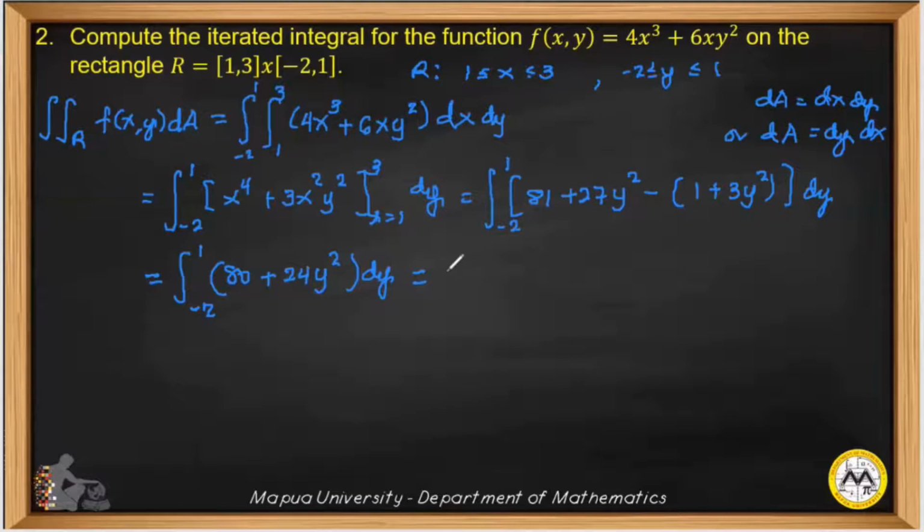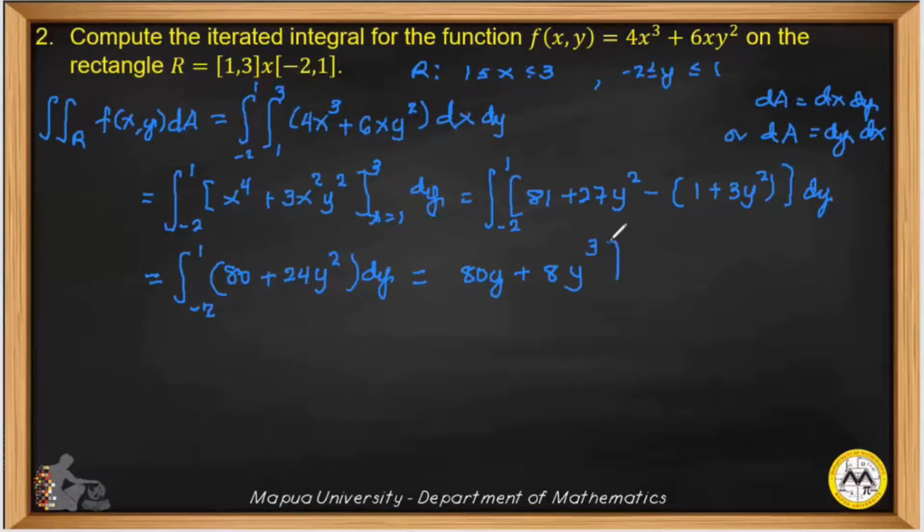If you continue integrating, the integral of 80 dy is 80y, plus the integral of 24y squared dy is 24y cubed over 3, and 24 over 3 is 8, so plus 8y cubed.